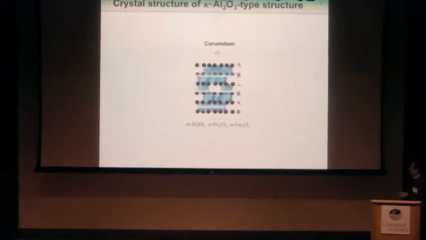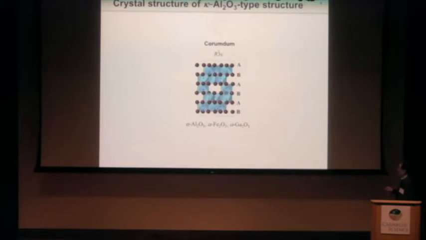So first, I will explain the copper alumina structure. This is a well-known corundum structure. A corundum structure is made of the close-packed layers of the oxygen, and inside the octahedral site, the cation can occupy.